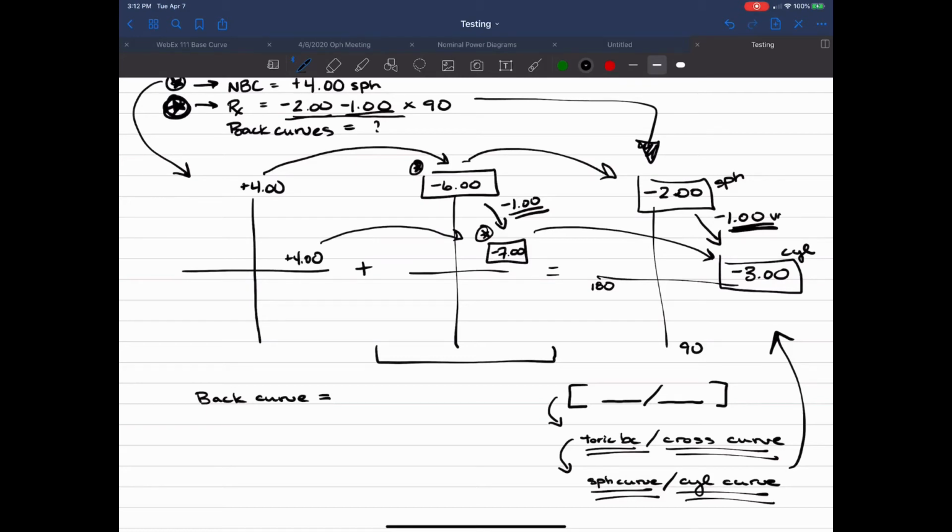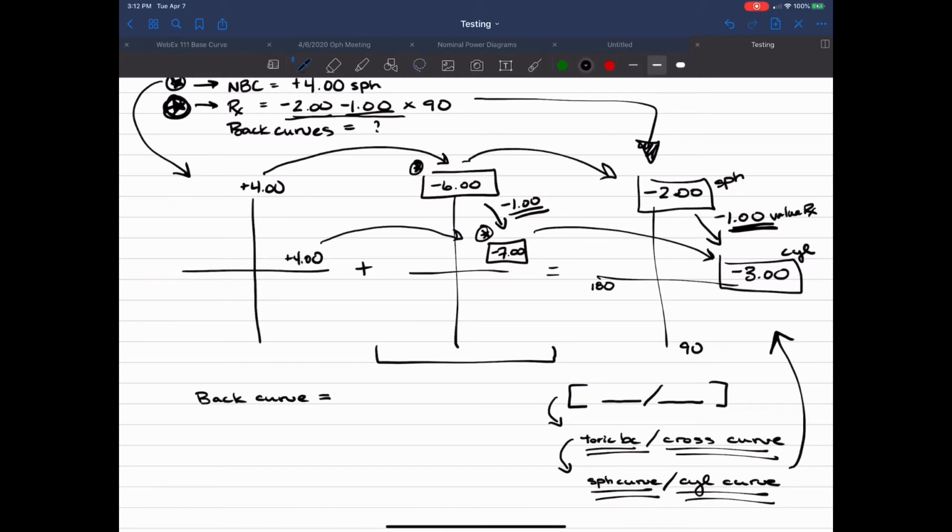And this is the value in the RX. So when you take this, which of these two powers on the back surface was the one that gave us this -2 in this meridian? It was the -6, right? So that is going to become our toric base curve because it's also our sphere curve. So we're going to write that one in the first block here.